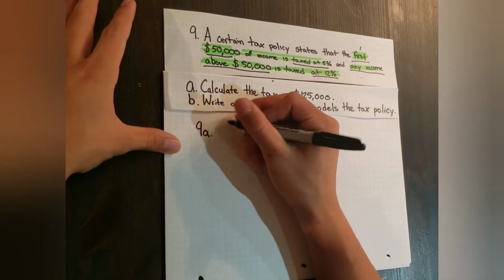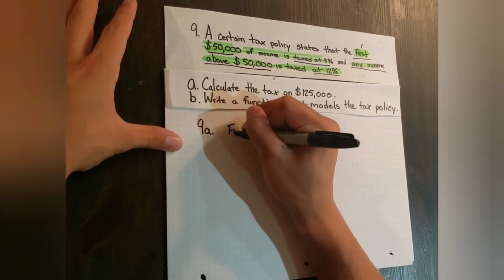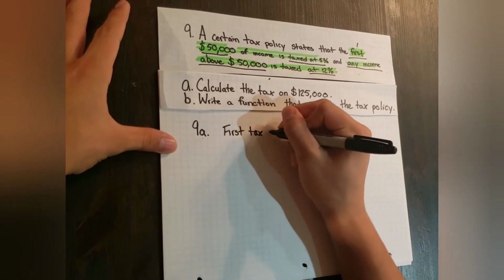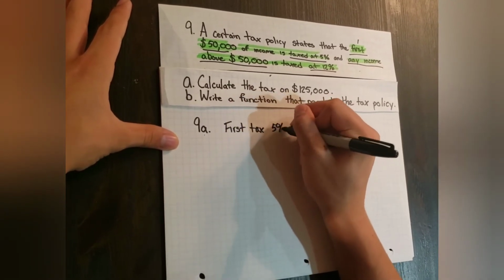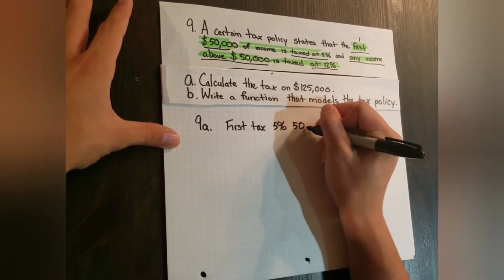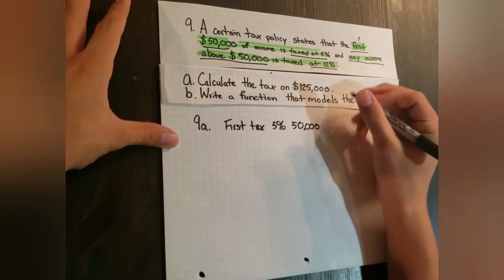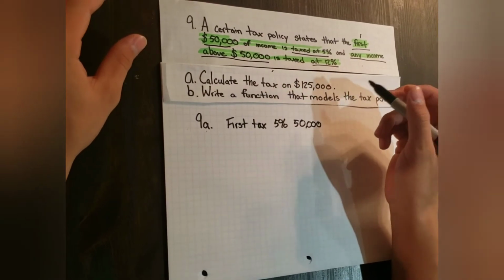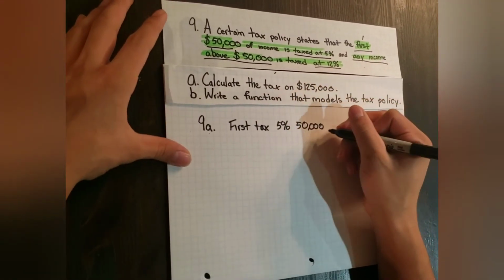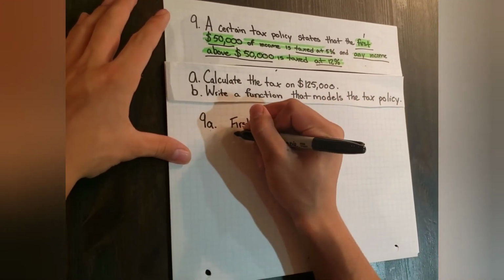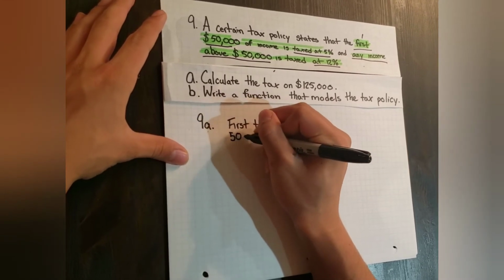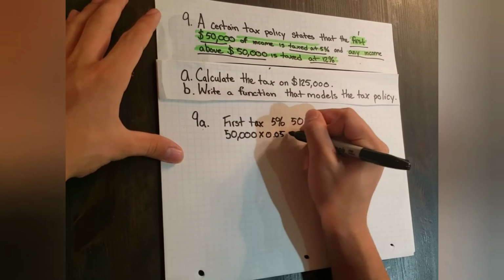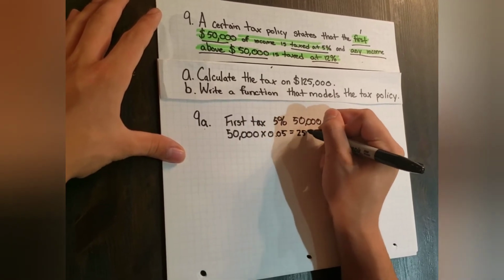The first part, we're going to tax 5% of $50,000, because this is above and below $50,000, so there's two parts. And from the last question, we can already tell that 5% of $50,000, times 0.05, equals $2,500.